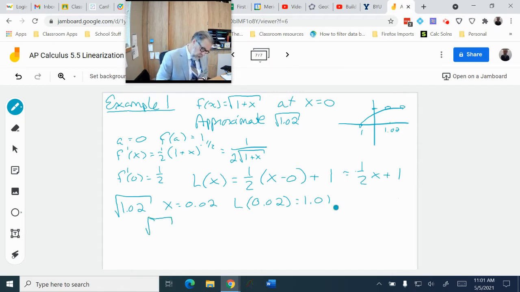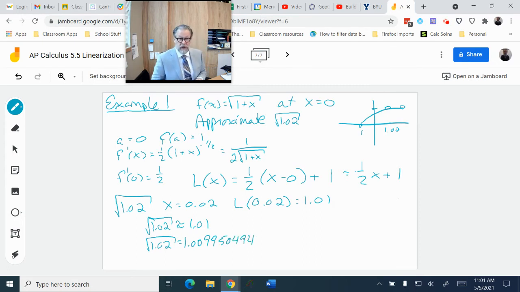The square root of 1.02 is approximately 1.01. Now, how accurate is this? Let's find out. The square root of 1.02 is actually equal to 1.00995049, to the limits of accuracy of my calculator screen.